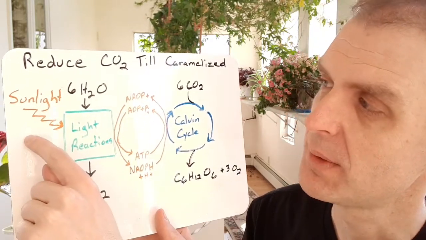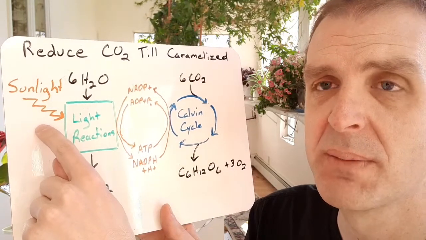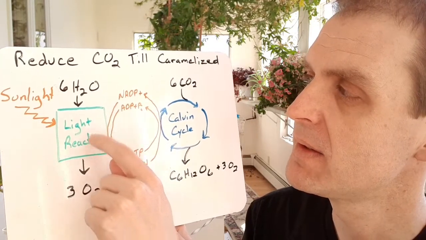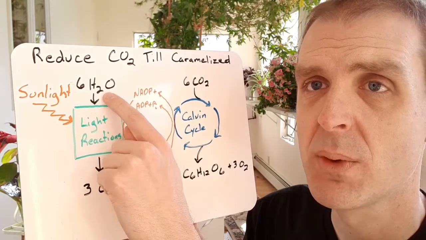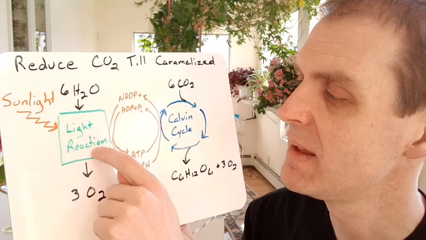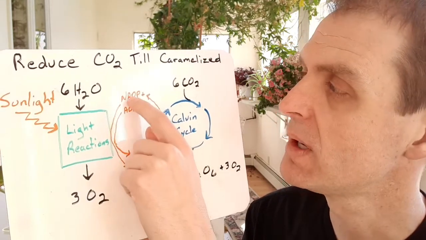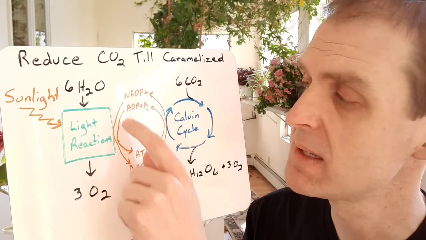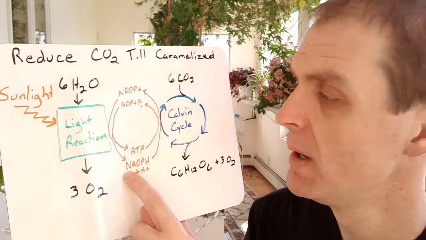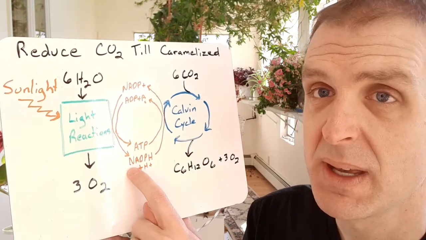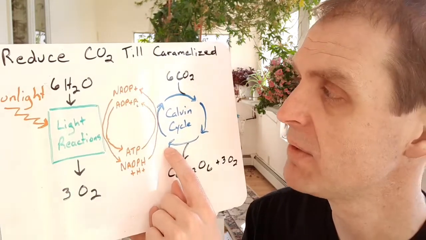So in the light reactions, the plants are able to harvest energy from sunlight, and they take the electrons that they strip from the water molecules, and they use those electrons to charge up a molecule called NADP plus to the reduced form of NADPH. Those reduced NADPH have a lot of energy, and that energy gets dropped off into the Calvin cycle.